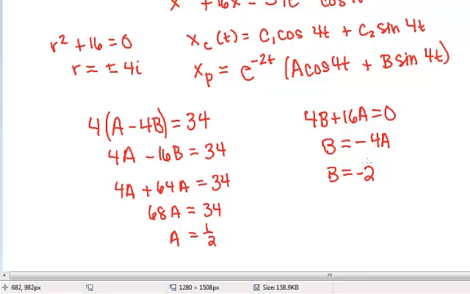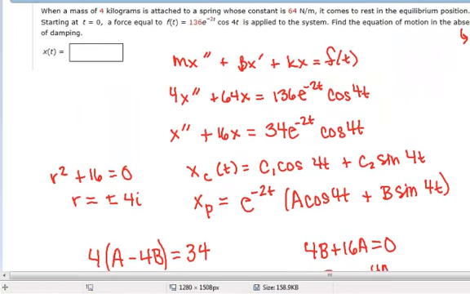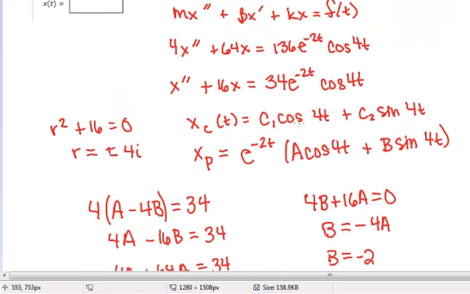You can use Maple with the guess and check method, or you could use variation of parameters. So you have your complementary solution, there's your y1 and your y2. And so your Wronskian, if you set it up with the derivatives, is just going to be 4.